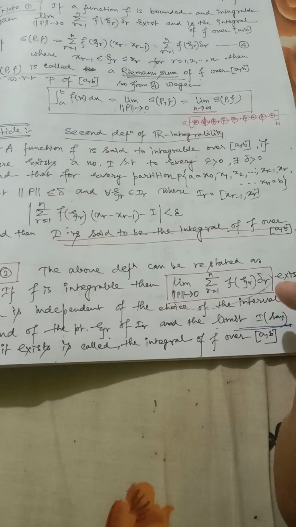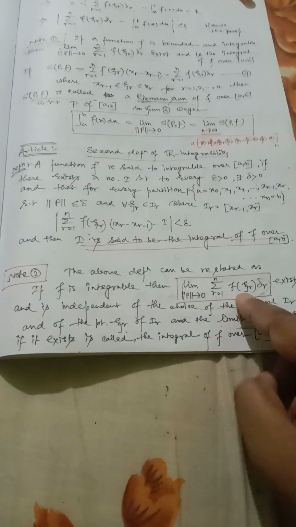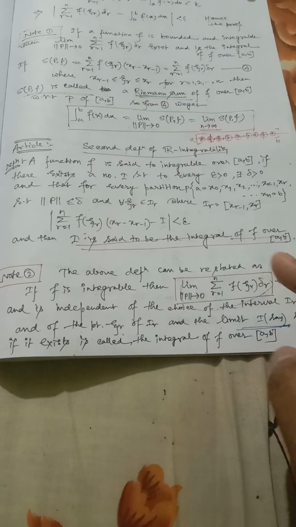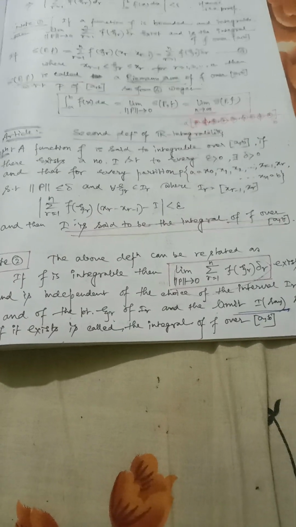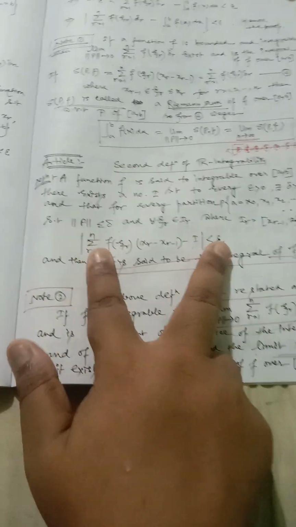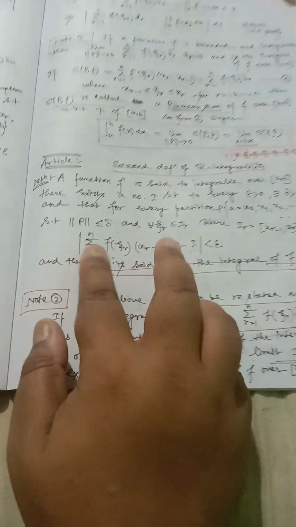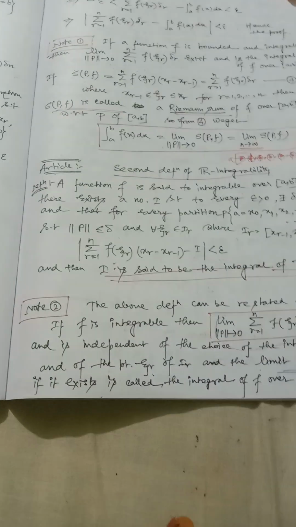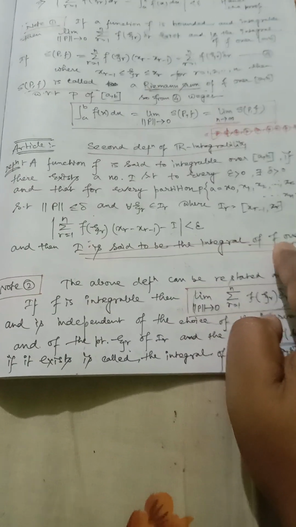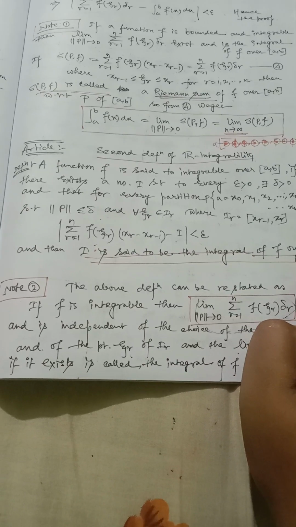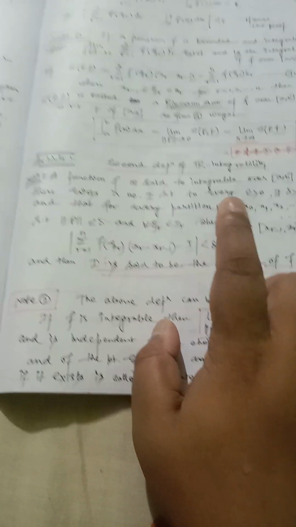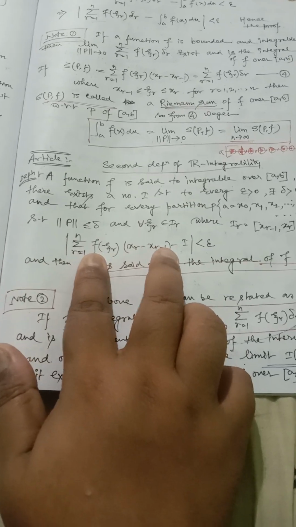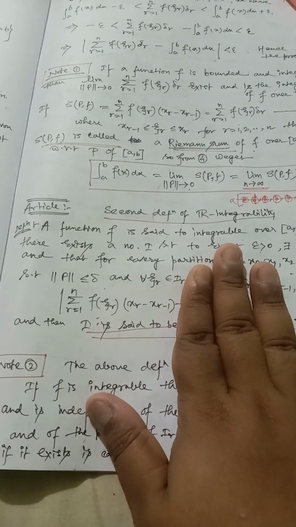That means you can choose any interval I r, I1, I2, I3, whatever you want, and you can choose any point from it, and the definition is equally true for all possible choices. If we have this inequality, then only we can say the summation must be equal to I, the integral of the function f over the interval a comma b. As epsilon tends to 0, in the limiting sense this part must be equal to I. So this is the alternative definition for Riemann integrability.